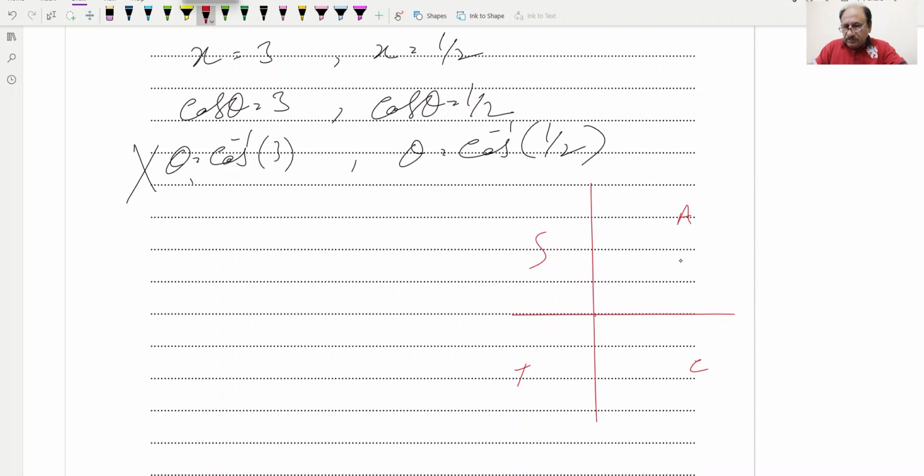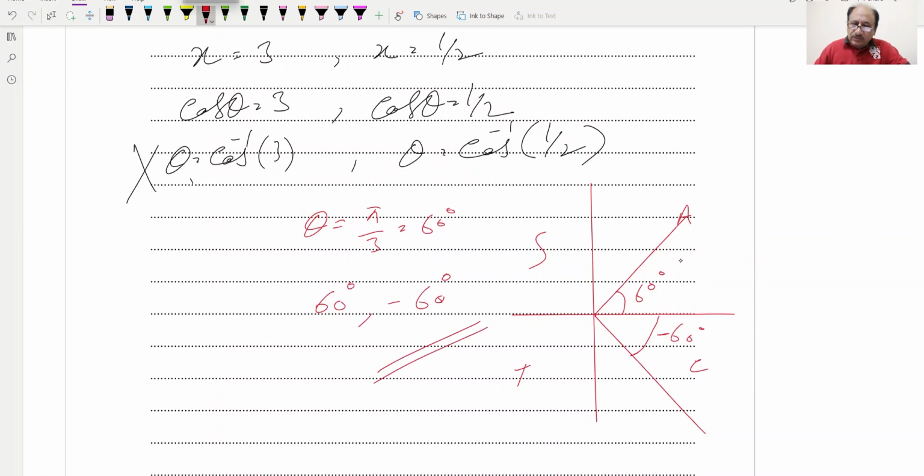Cos 60 will be like this, and cos is positive in this quadrant also, so we can say this is 60 roughly, and this will be minus 60. So our answer will be theta is equal to pi by 3, which is equal to 60 degrees. So 60 degrees and minus 60 degrees, these will be the two answers.